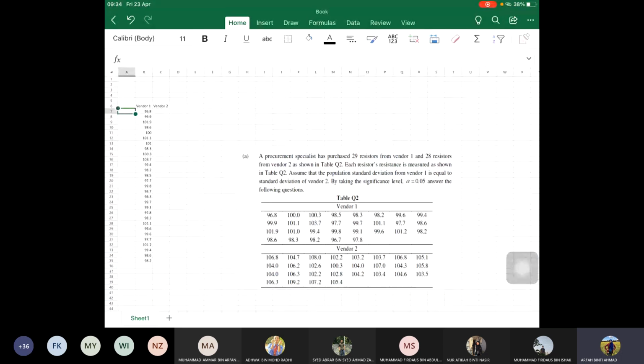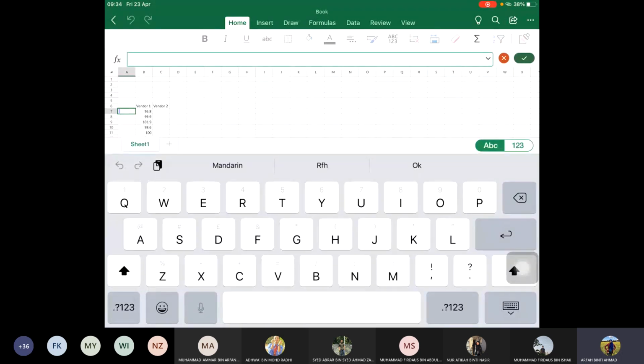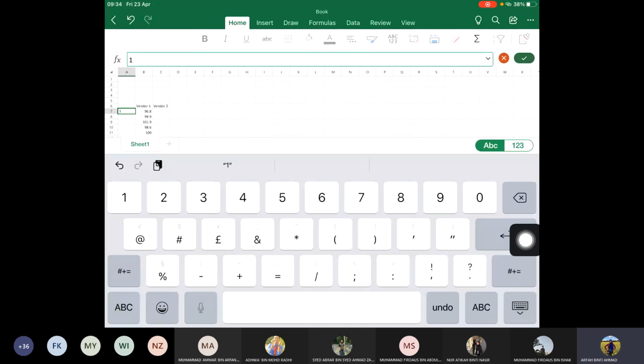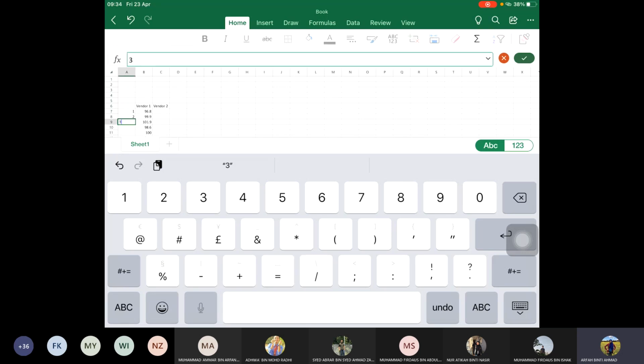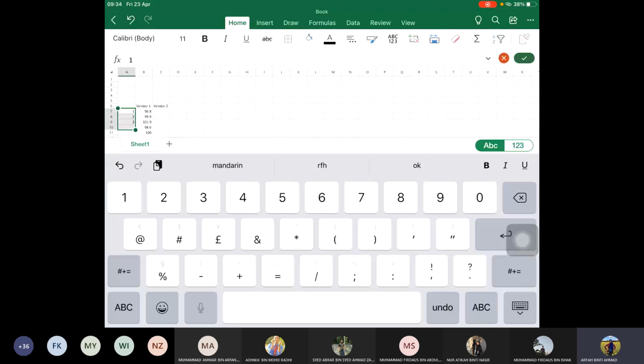So cuba tengok betul tak ada 29. 1. Boleh drag tak? 1. Then 2 and then 3. So I'm not sure whether my Excel can do the dragging or not.